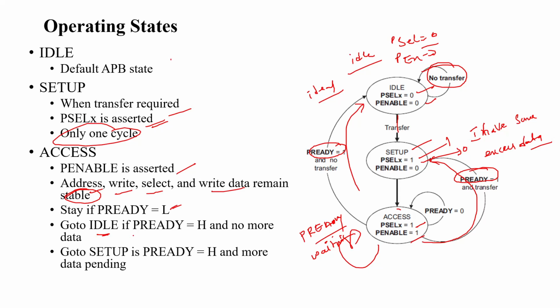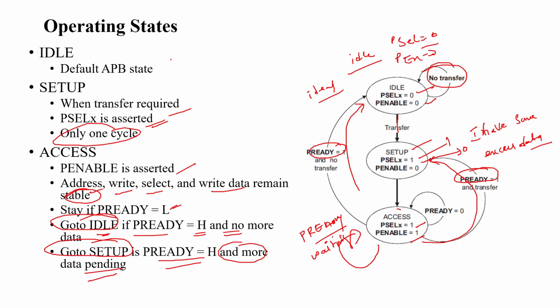If you go to the idle state, your transaction will be lost. If PREADY is high and no more data is there, then it goes to the idle state. And if PREADY is high and you have more data pending, then it goes to the setup phase.